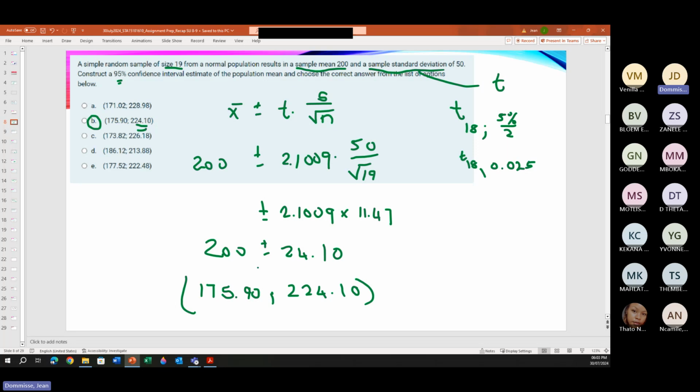I just want to check again. If you used a Z of 1.96, we would have gotten 22.48. So if you used a Z instead of a T, you would have gotten option E as your answer.